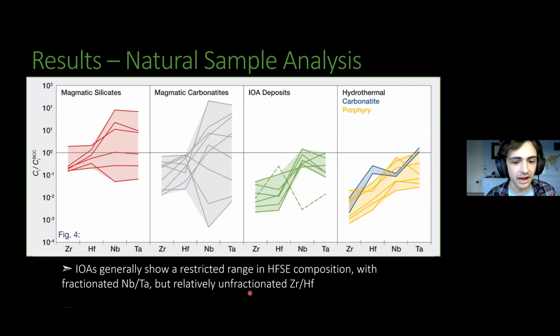Next, we have our high field strength elements graphs, normalized to bulk continental crust. The IOA magnetites here seem to exhibit a lower than average range of high field strength elements when normalized to the bulk continental crust. This figure also shows the elevated niobium over tantalum ratio that is seemingly exhibited by IOAs.